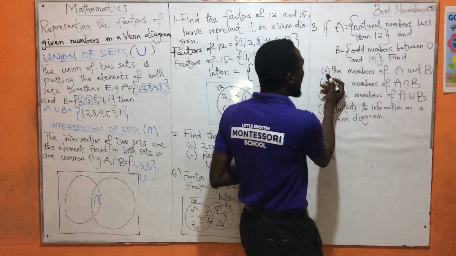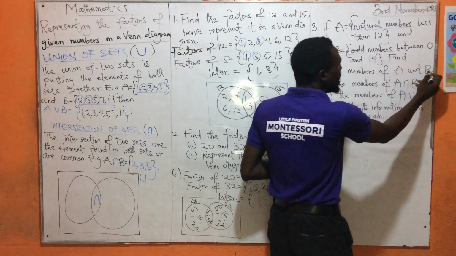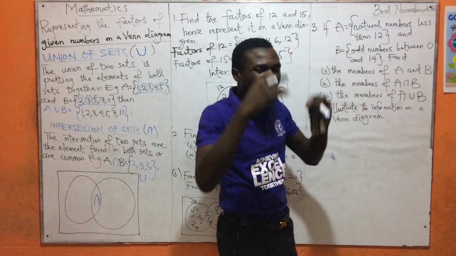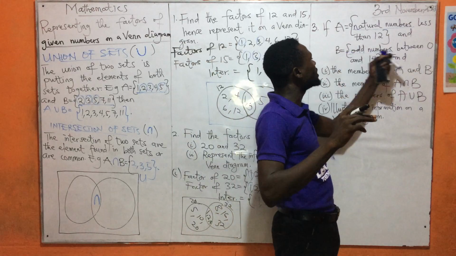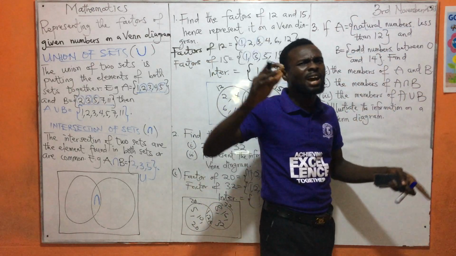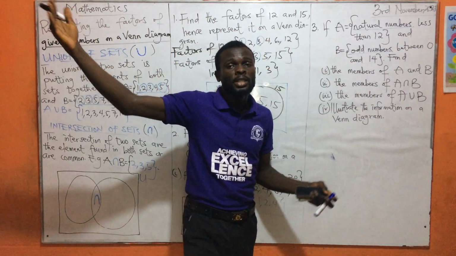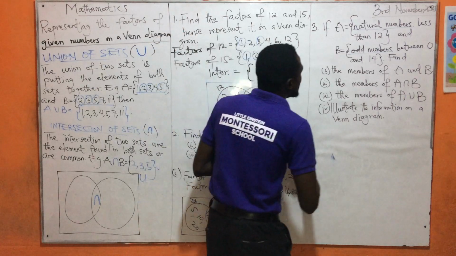So it says, find the members of A and B. What is A? Natural numbers less than 12, meaning 12 shouldn't appear. And B is odd numbers between 0 and 14. For a question like this, we have some solutions based on them in our previous videos. We can just visit and look at it there.